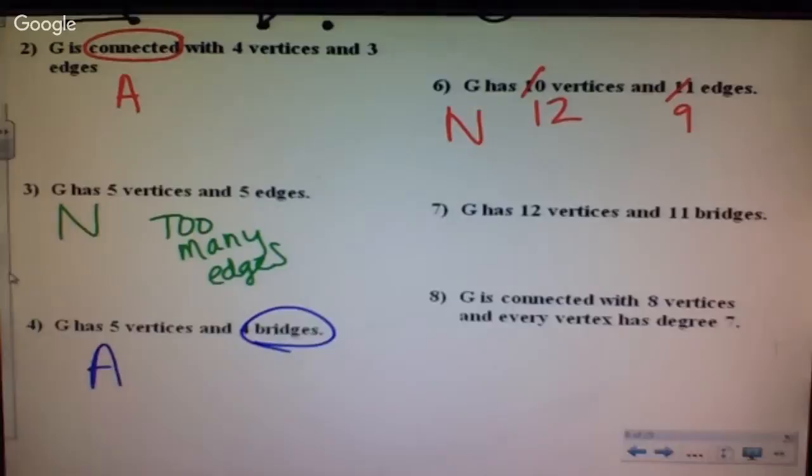I have 12 dots. This means I have 11 edges. Is that one less than 12? Yes. Okay. One less than 12. My keyword here, James, is bridges. Because it's a bridge, that means it's not closed as a circuit. So this one is always.